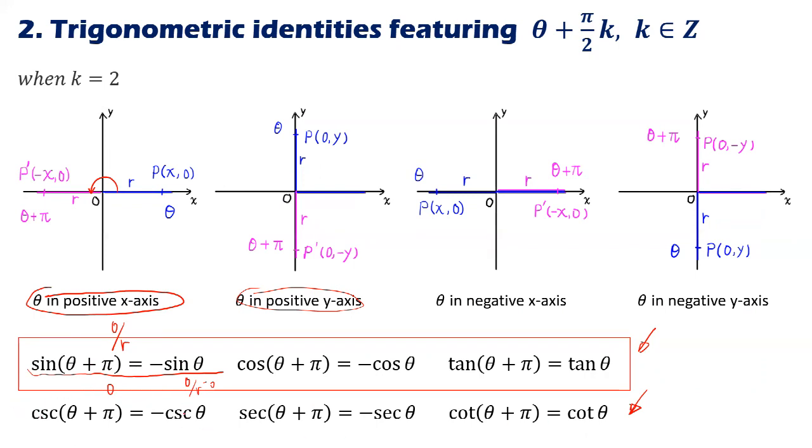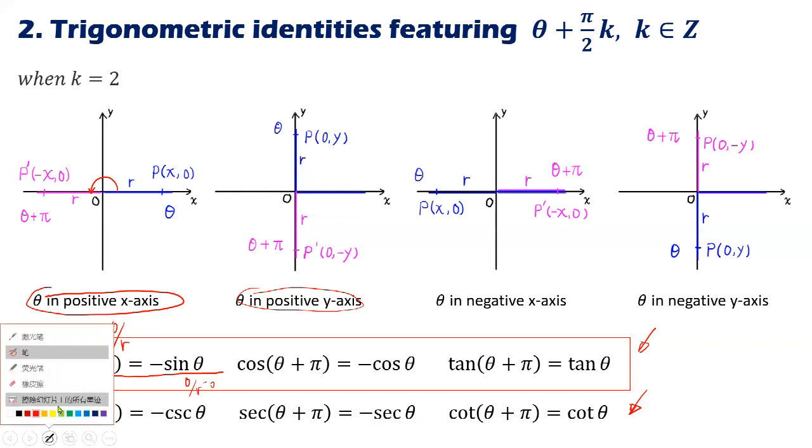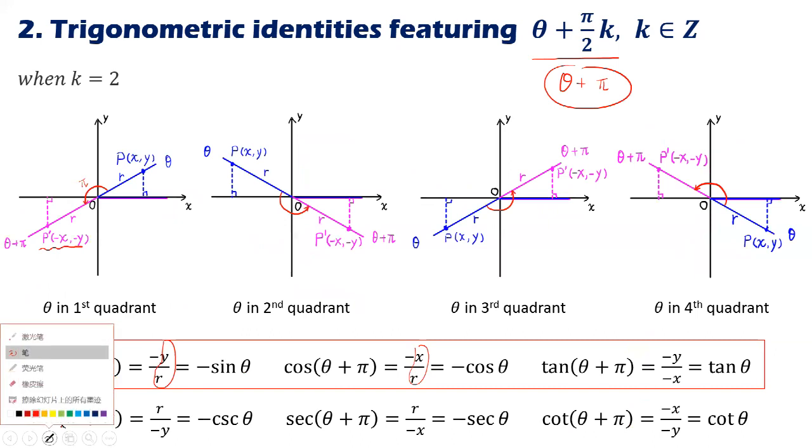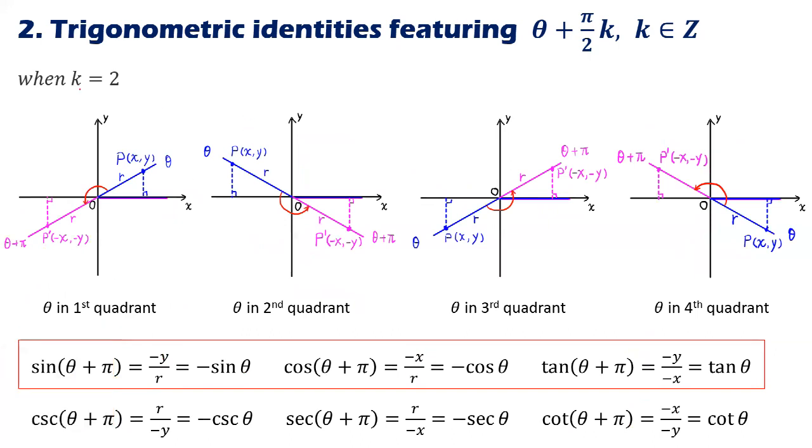We can also prove that cosecant of theta plus pi equals minus cosecant theta, secant of theta plus pi equals minus secant theta, and cotangent of theta plus pi equals cotangent theta. Understand? Okay, then I'll give you some time to write these properties down in your notebook. Okay, these are the cases for k equals 2.